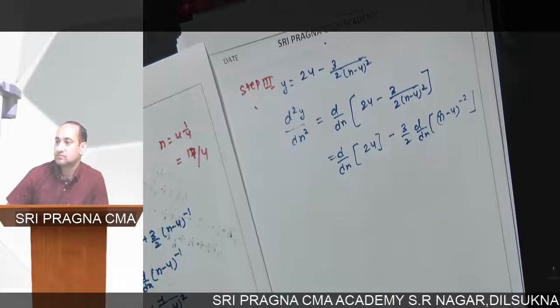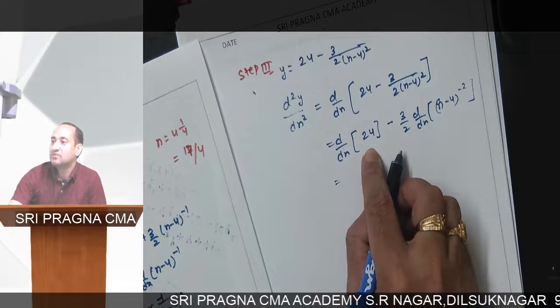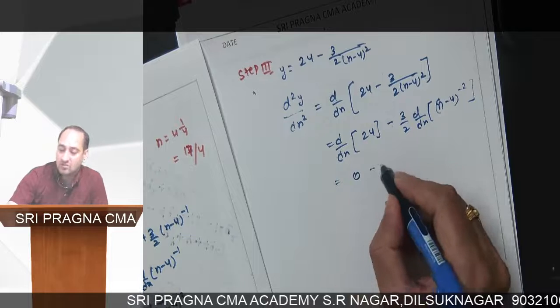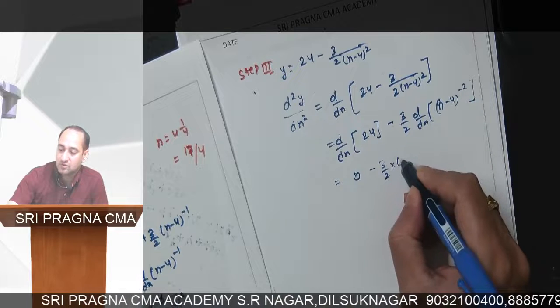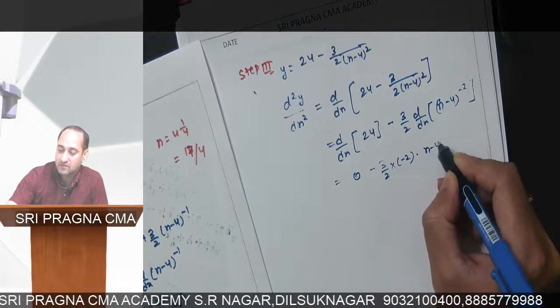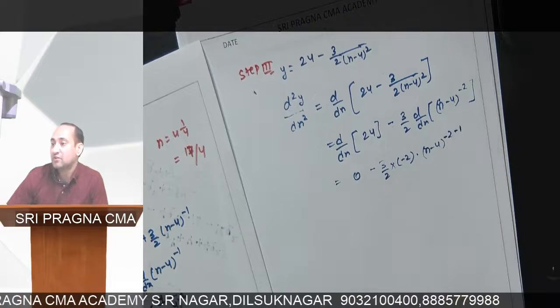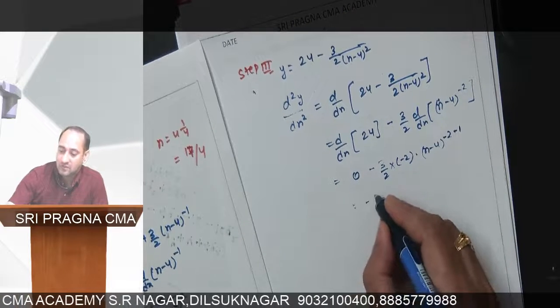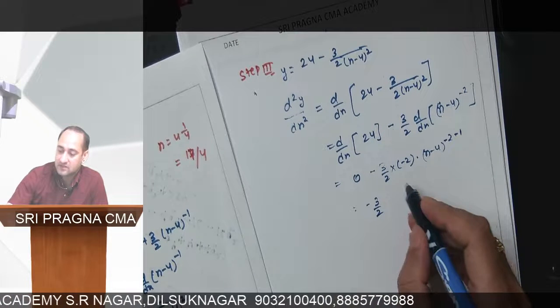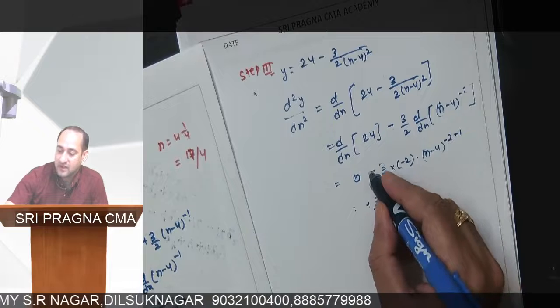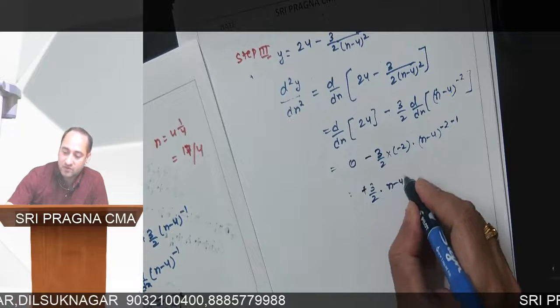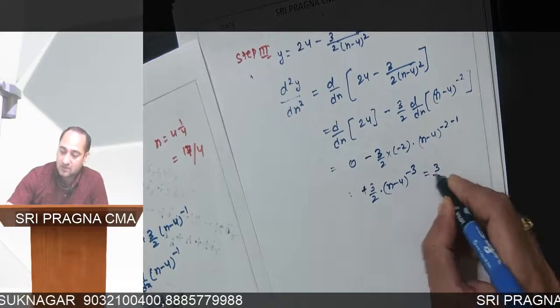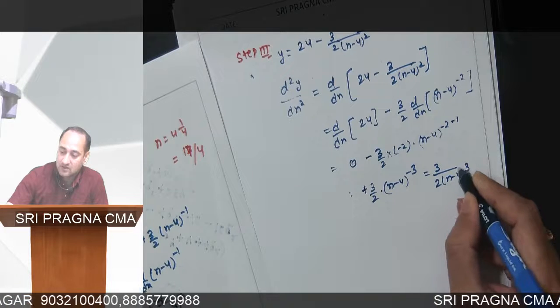This is minus 2 into (n minus 4) to the power minus 3. Minus and minus become plus, so we have 3 by 2 into (n minus 4) to the power minus 3. Is it clear?